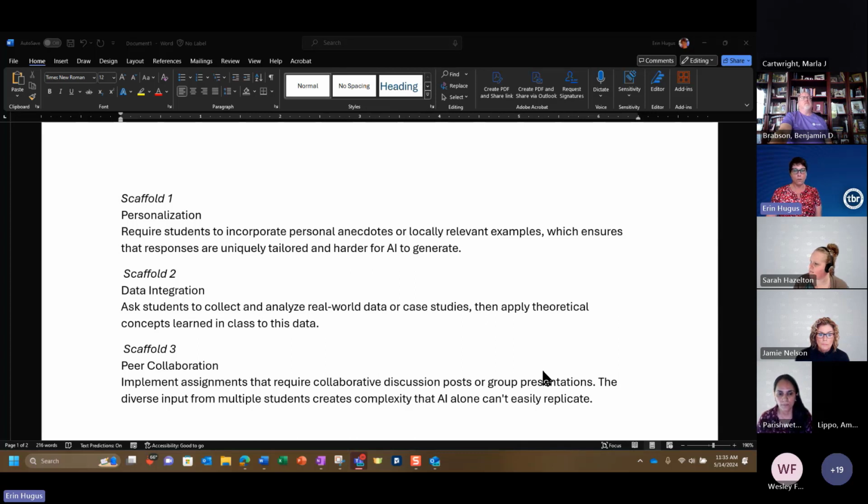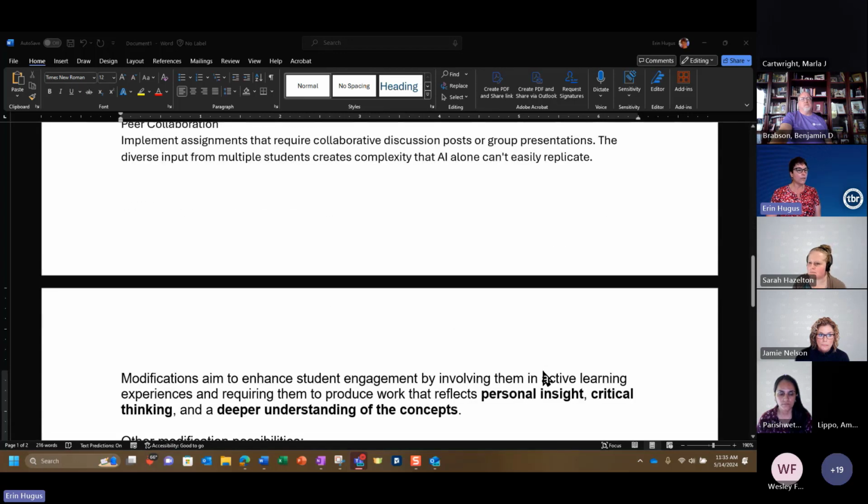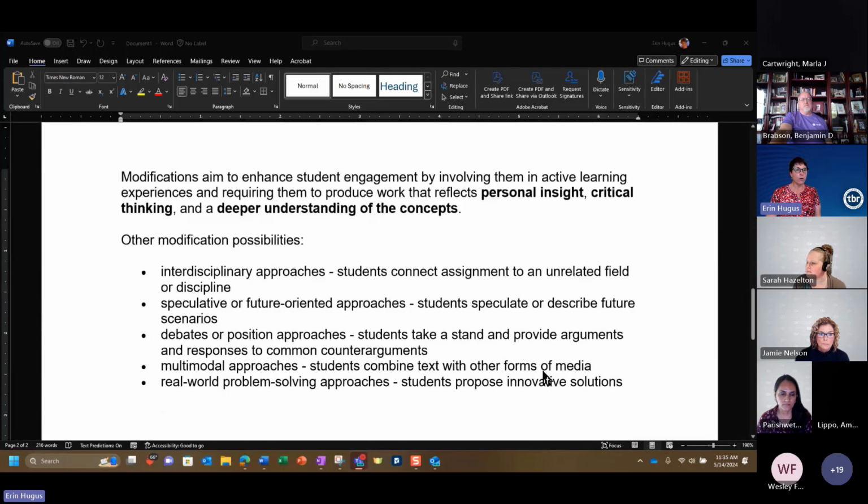All of those are good examples of how you can easily modify an assignment to make it more AI aware. I also wanted to reiterate that there are other modifications you can consider. These are some very good examples, and I used my ChatGPT tool to help me in surfacing these.